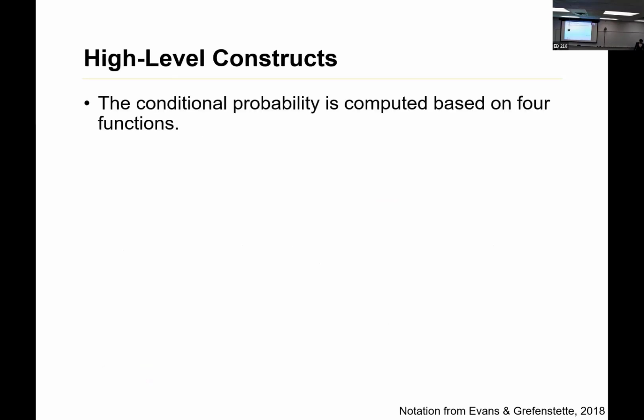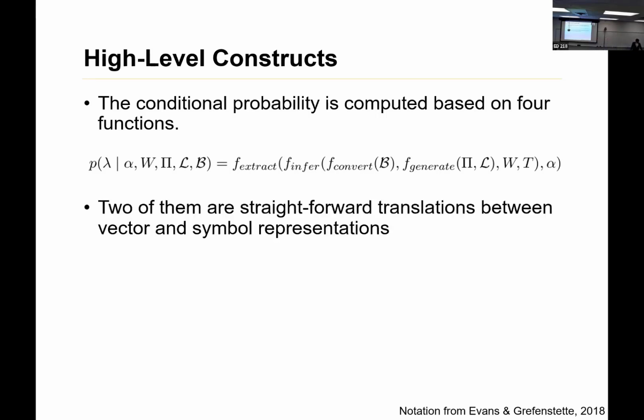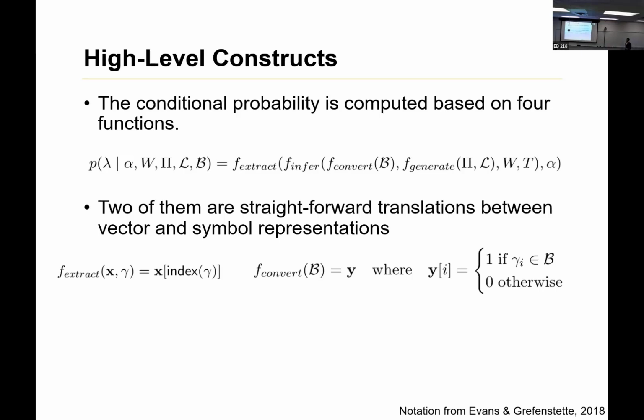Okay, so they have these high-level constructs, and they say there's a series of these functions that give us that probability. This looks really tough to follow, but it's actually not. What's going on with two of the functions is really just translating symbols to vectors, and that's it.